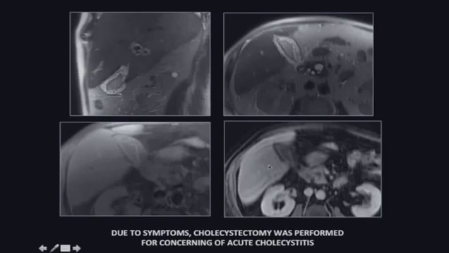On the contrast-enhanced study, there is smooth enhancement of the mucosa with delayed enhancement of the gallbladder wall. Again, the findings are more consistent with cholecystitis.